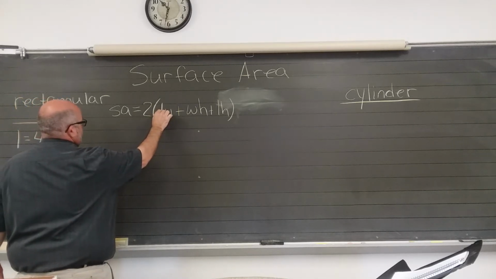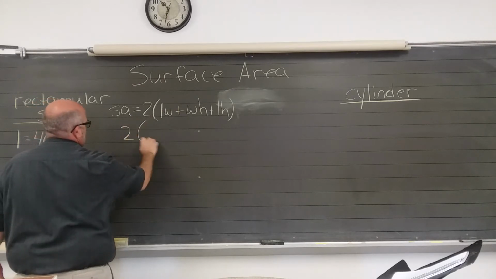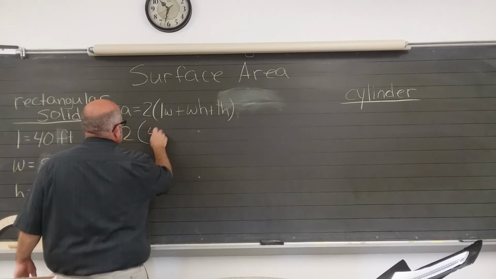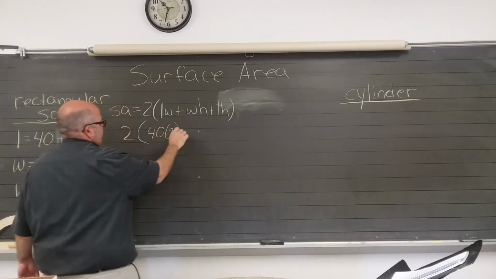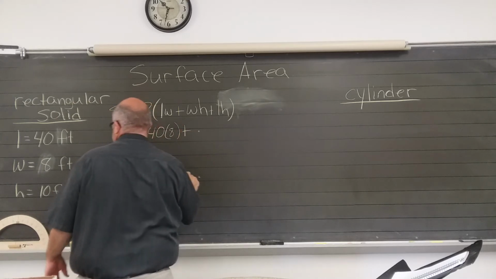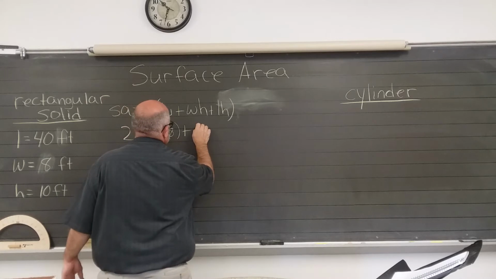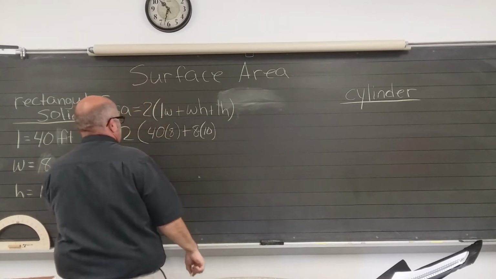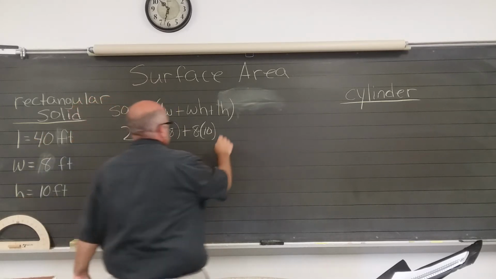You fill in this with the length, width, etc. 2 times, length is 40 times 8. We'll use that inside there as the times sign. Width times height is 8 times 10. And length times height, 40 times 10.